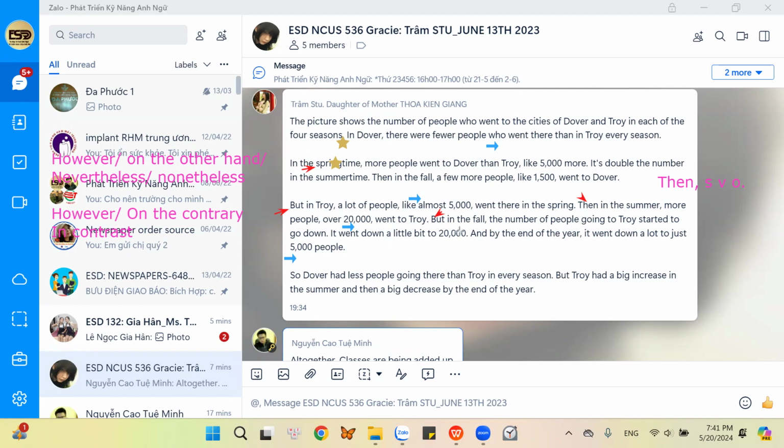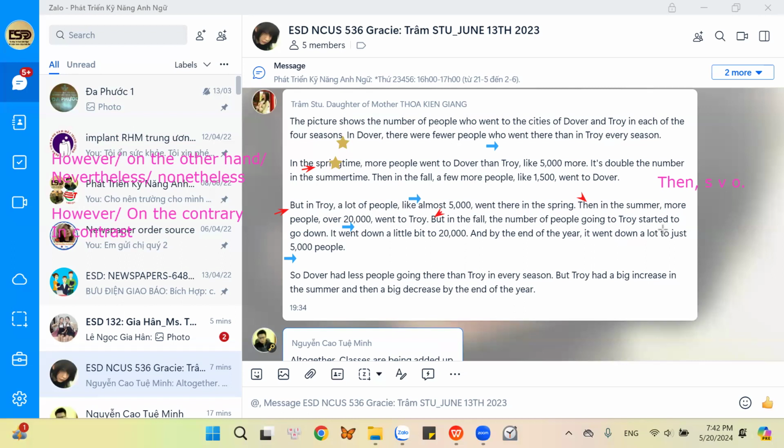But this is Cambridge English, this is IELTS English, British, American English. Never ever use but. However, on the contrary. In fall, in the summer, in the fall is okay. In the fall or in fall, both ways are correct. The number of people going to church started to go down. It went down a little bit to 20,000.